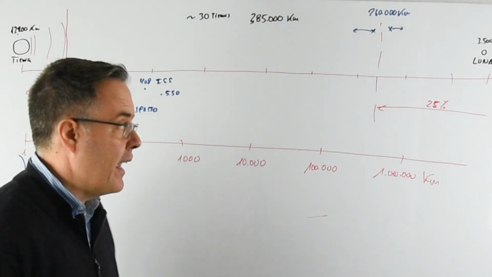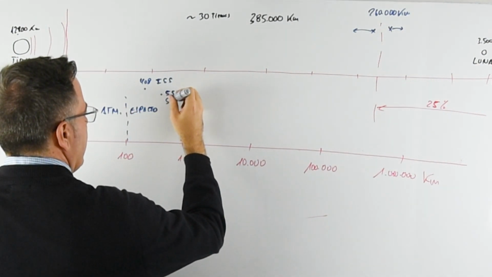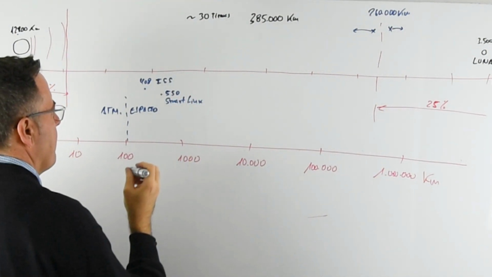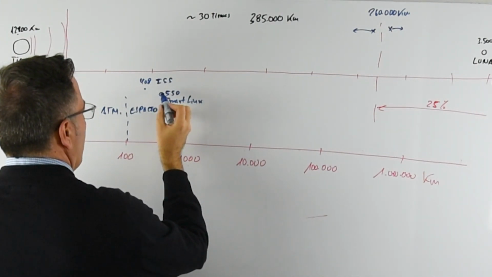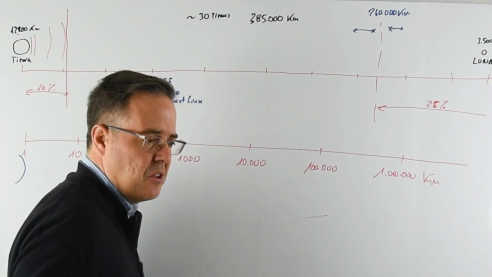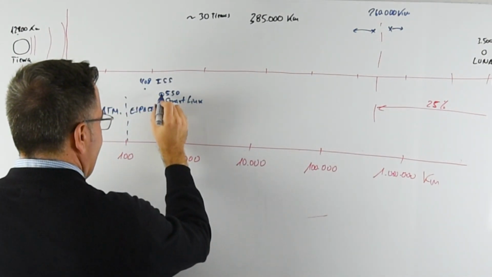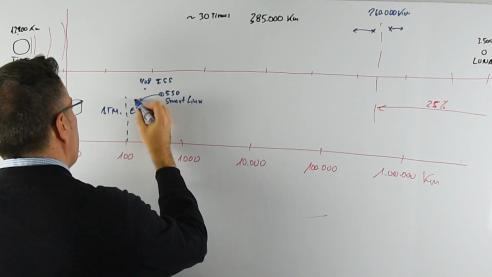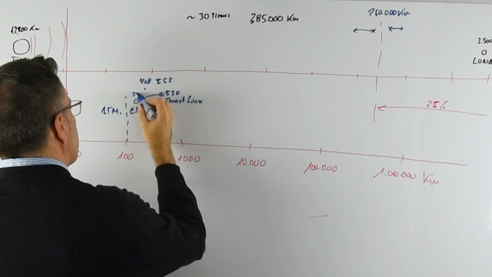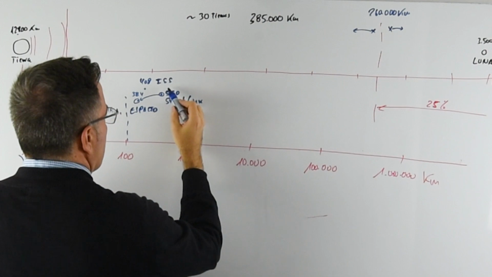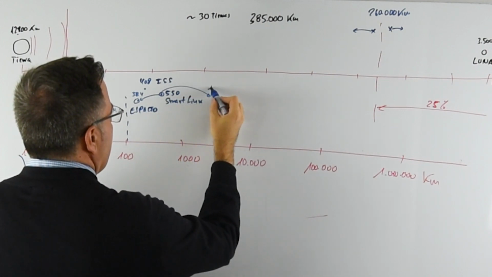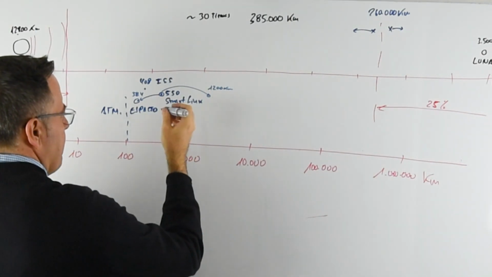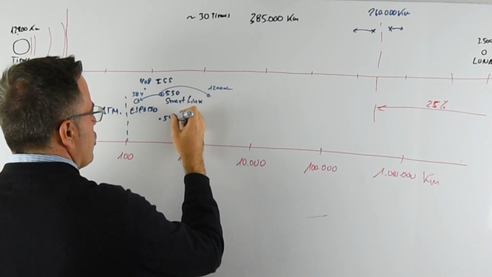Then at 550 we have the Starlink network from SpaceX, which currently has around 1,500 satellites, and they are also planning to continue in new orbits like 343 kilometers and 1,200.